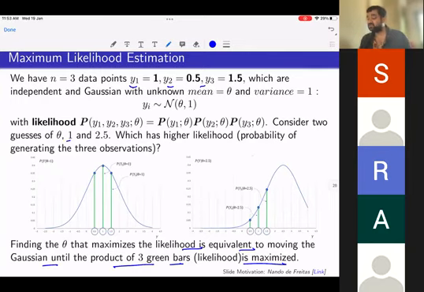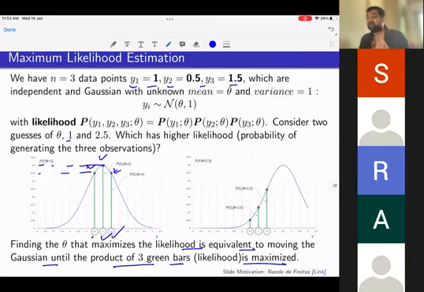You can see that if theta is 1, then the probability of y equal to 0.5 is some value, the probability of y equal to 1 is this, and the probability of y3, that is 1.5, is this value, right? So what is the joint probability of these 3?